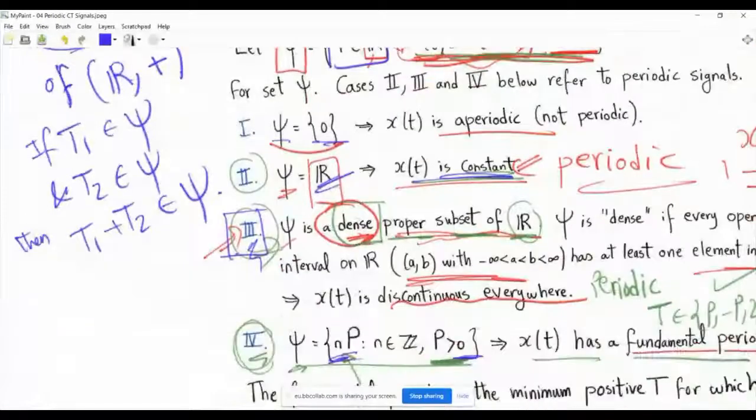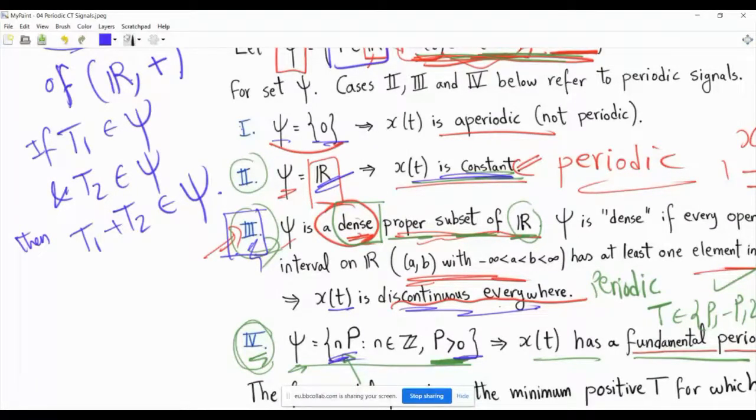The discrete cases are cases 1 and 4. In the first case, you get just 1 point. Here we get the integer multiples of P, and the dense cases are 2 and 3. You can have the full R, or you can have a proper subset of R, but it has to be dense. And why in this case is x of t discontinuous?